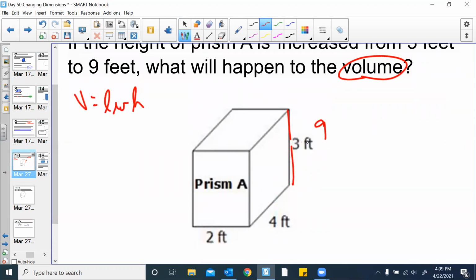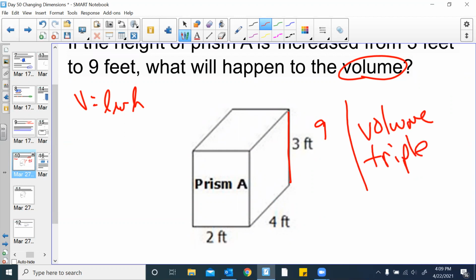I can tell you that our volume is going to triple. That's like the answers you're going to see on a test. But if we had to prove it, we could say this is our length, our width, and our height.